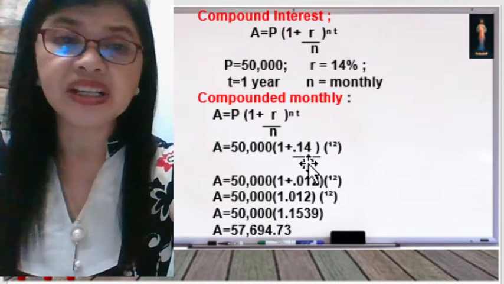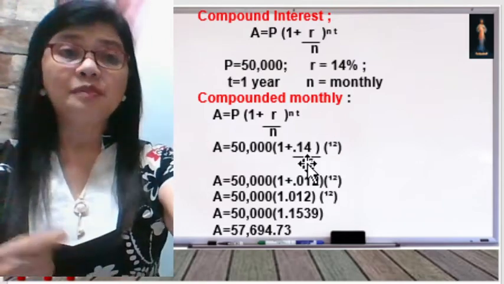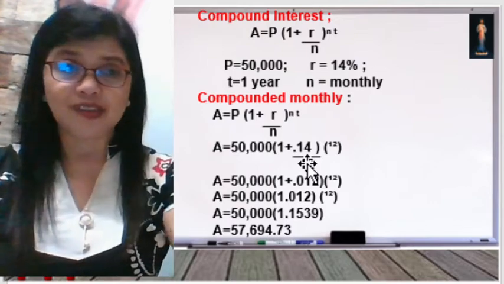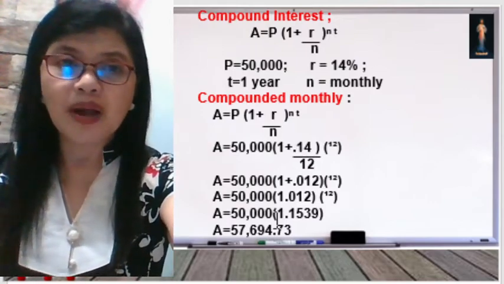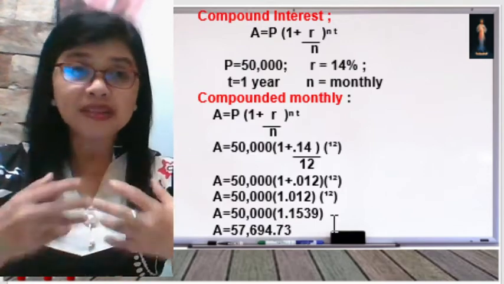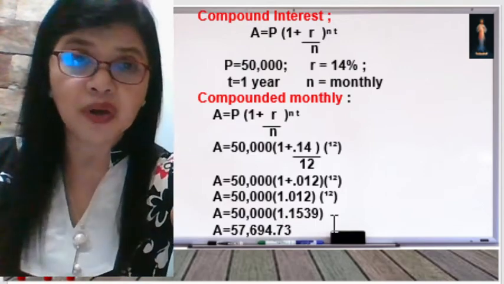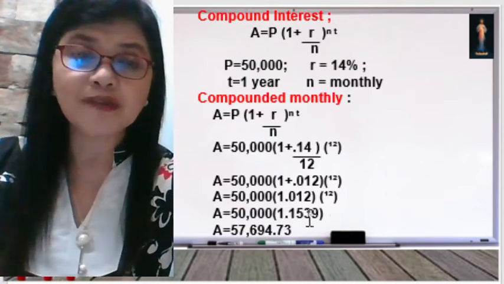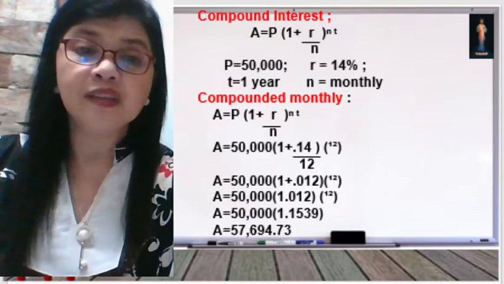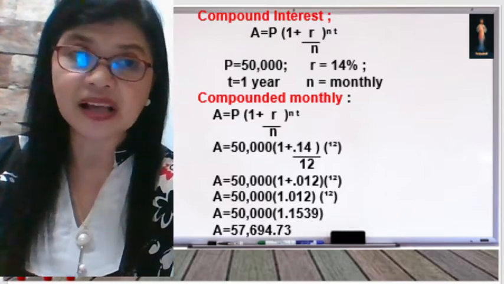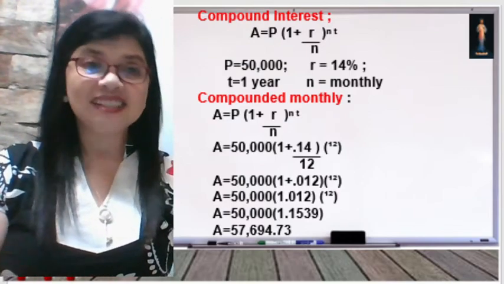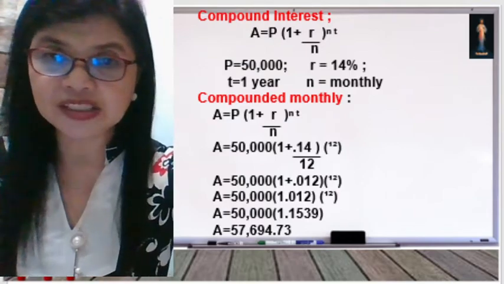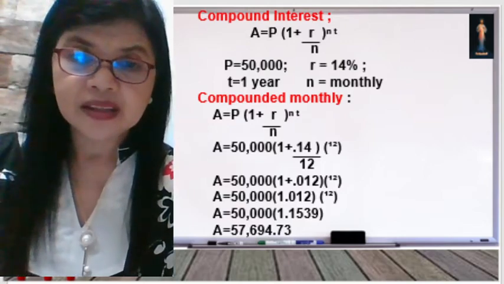Why? Because the compounded monthly figure is 12. So 1.012, you multiply it 12 times, it will give you how much? 1.1539. Multiplied by 50,000, it will give us 57,694. Next, we go to the next slide.